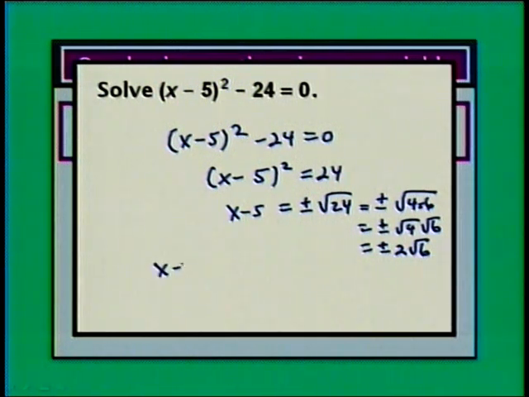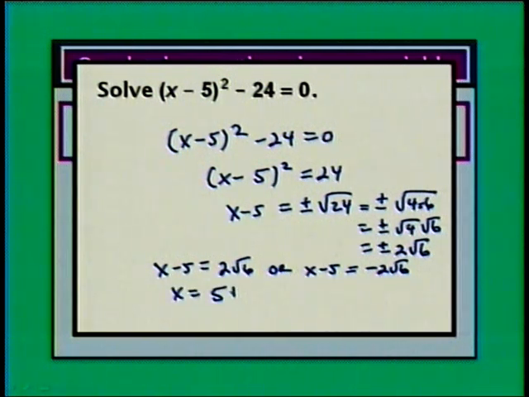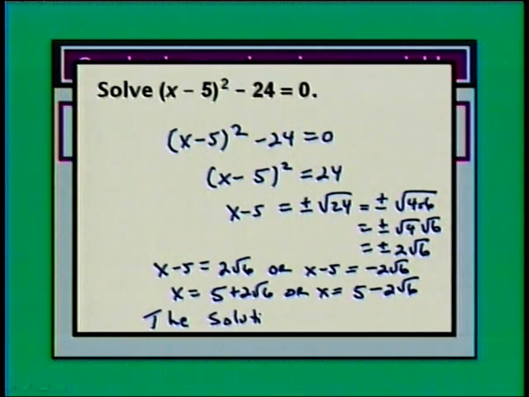So x - 5 = 2√6, or x - 5 = -2√6, which gives me x = 5 + 2√6, or x = 5 - 2√6. So the solutions are 5 plus or minus 2√6.